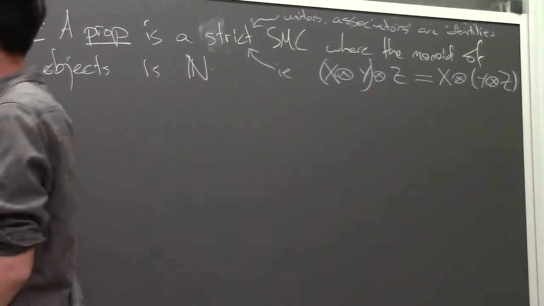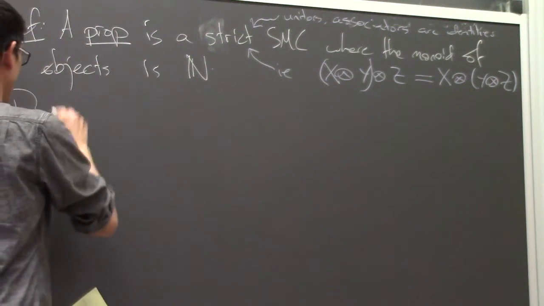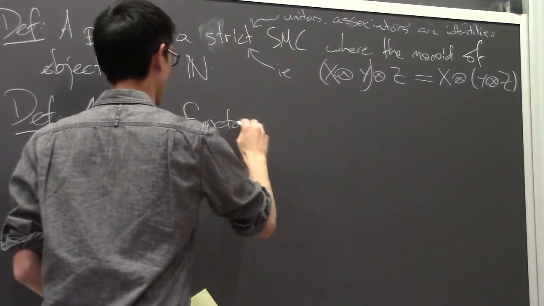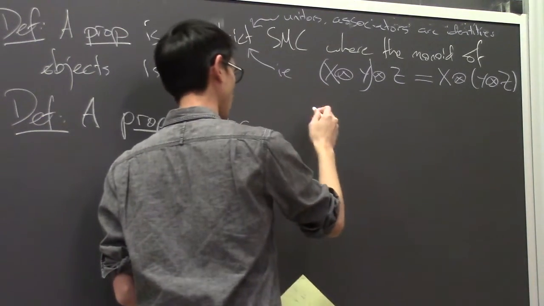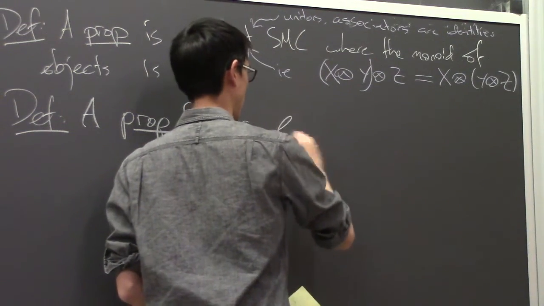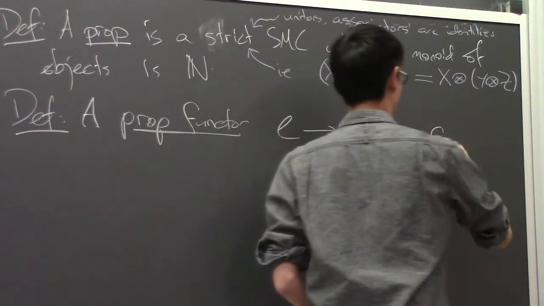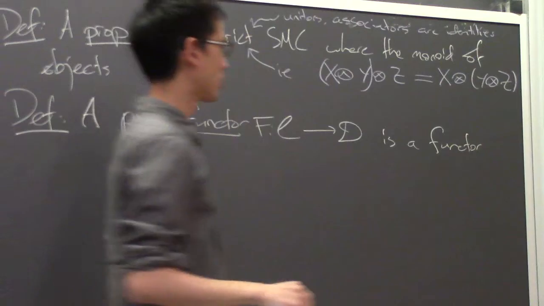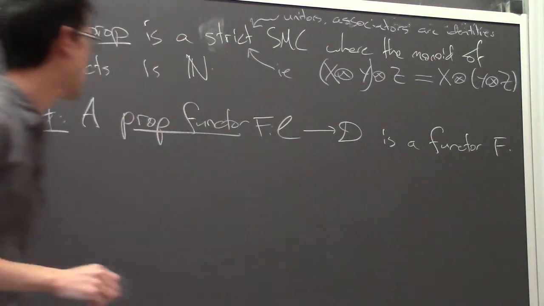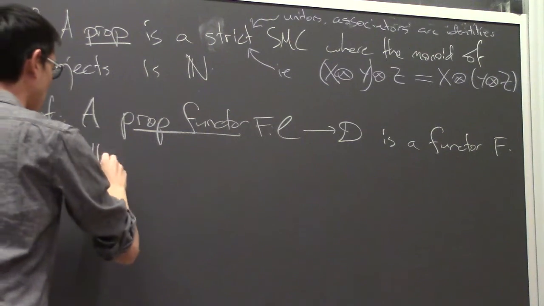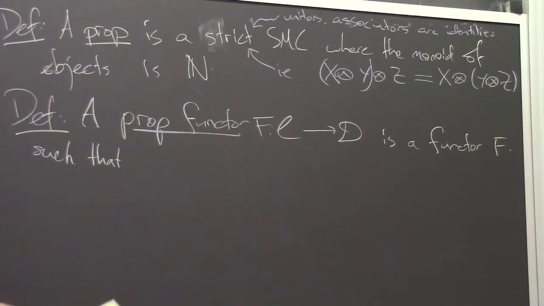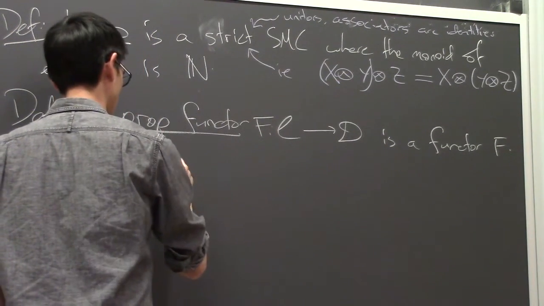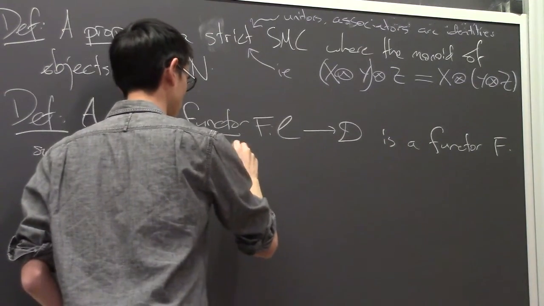Also want to cover, so here the notion of freeness sort of depends on the notion of morphism. So let me tell you what a prop functor is. A prop functor from a prop C to D is just a functor. So C and D are props, but props are categories, so we can talk about functors between them, and they just have this extra property that makes them continue to be simple on objects, so that it is identity on objects. You want a symmetric monoidal functor?